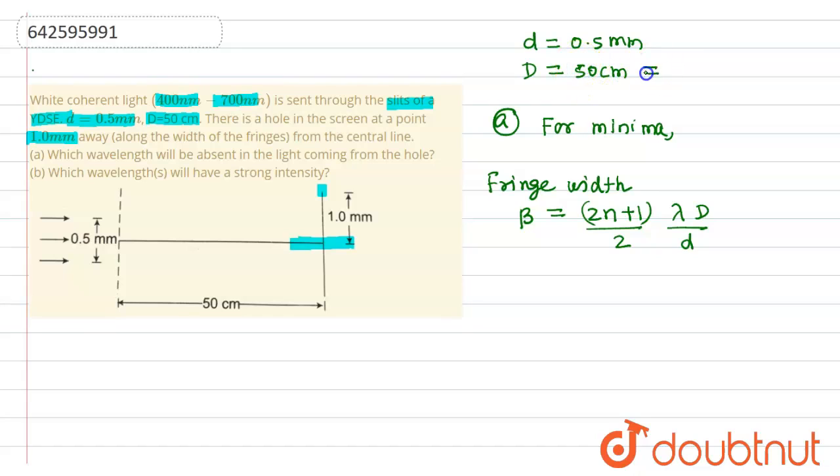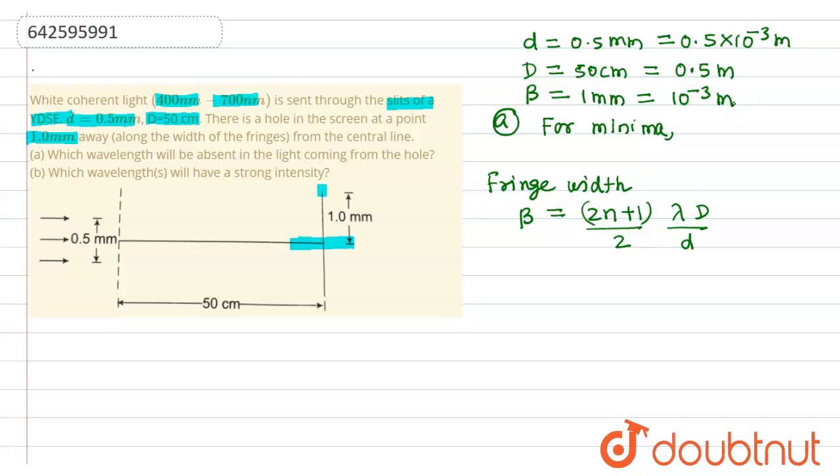So it will be 0.5 meter and small d will be 0.5 into 10 to the power minus 3 meter. And fringe width beta is given as 1 mm, that means 10 to the power minus 3 meter.